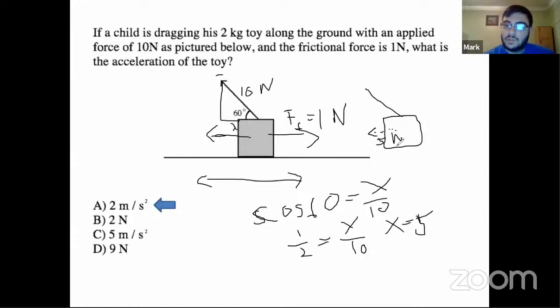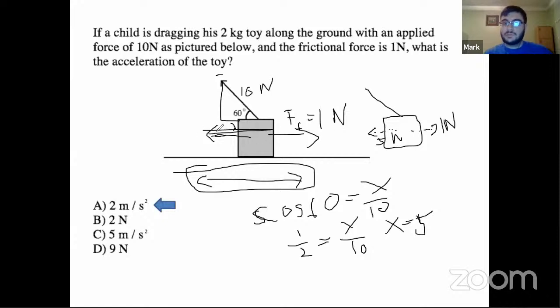So we know that he's pulling on it with 5 newtons of force, but he's also being opposed by 1 newton of friction. So we want to find out what the total net force is in this x direction, from here to here.